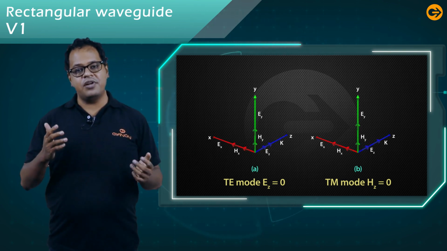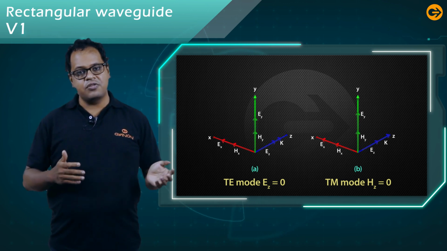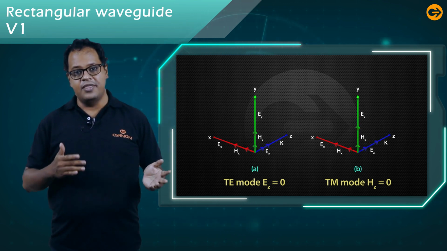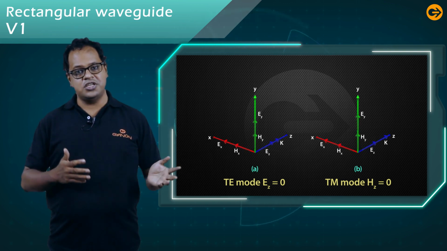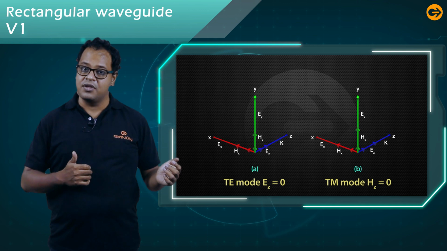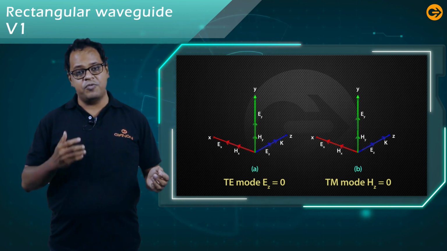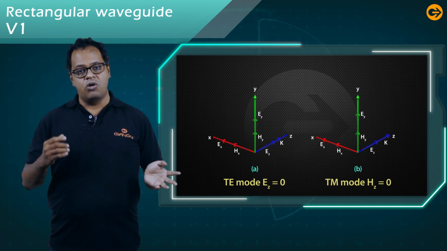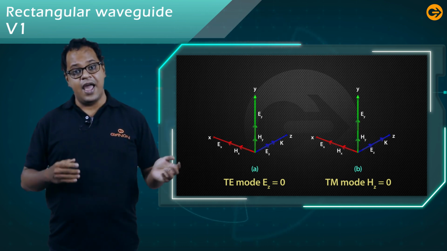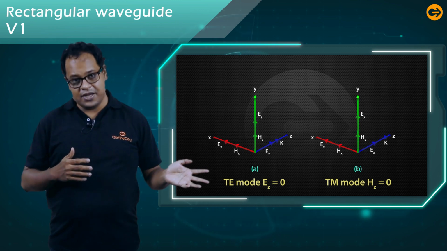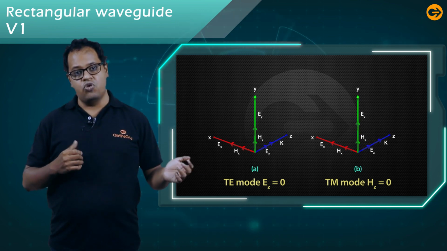In case of transverse magnetic, there is no magnetic field along the direction of propagation. The magnetic field is in the direction of the x-axis and along the y-axis. As the wave is propagating along the z direction, there is no component of magnetic field along the z direction. It is the transverse magnetic or TM mode.